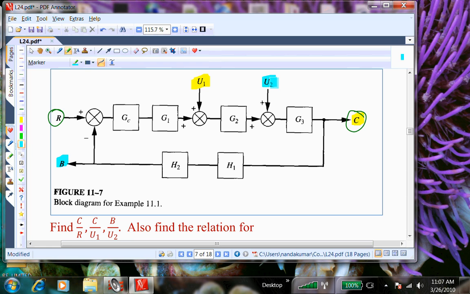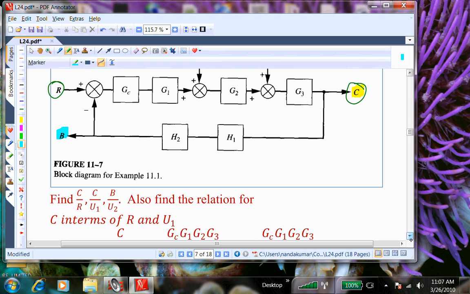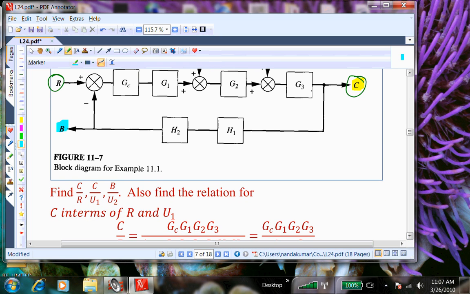Would you like to try now? And also find the relation for C in terms of both R and U1.